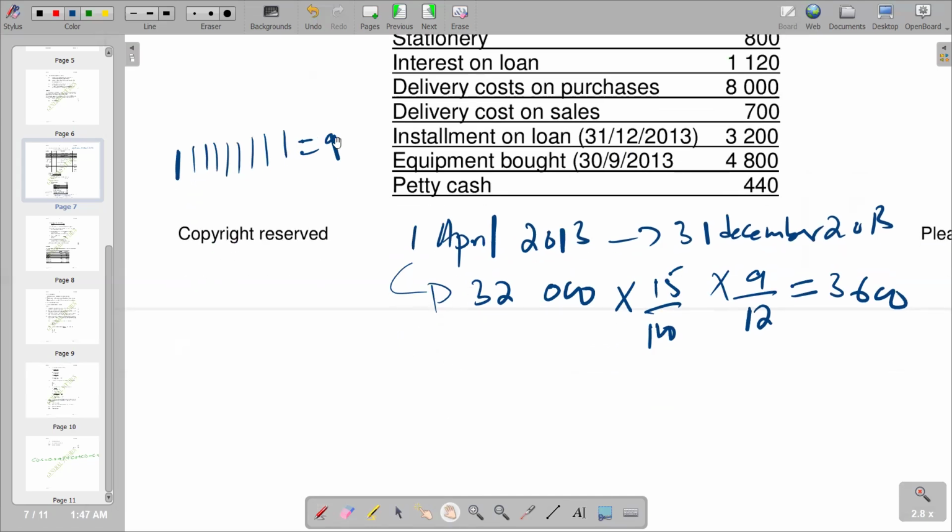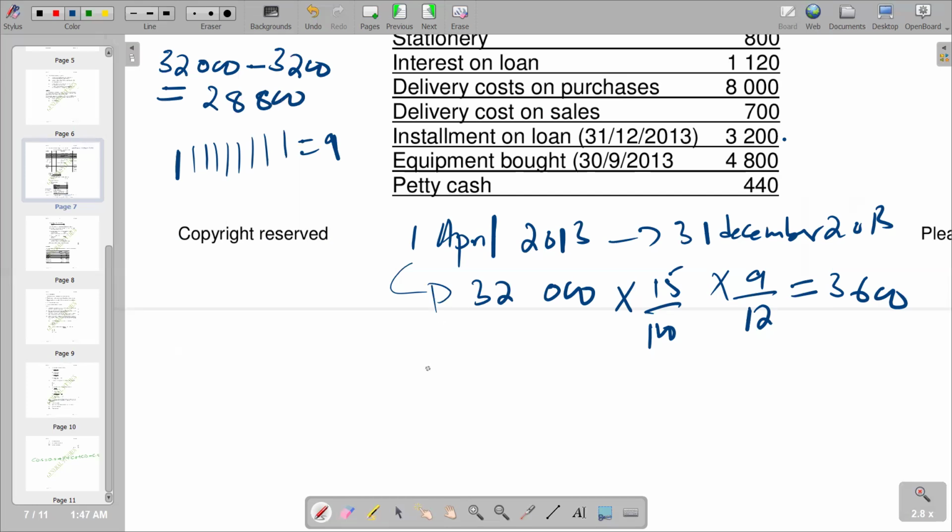Then for the second period, it's now 3 months, because we had the first 9 months before the installment. After the installment was paid, it was only 3 months. When the installment was paid, it was 3,200, so we subtract 3,200 from 32,000 to find the balance after the installment. We get 28,800.